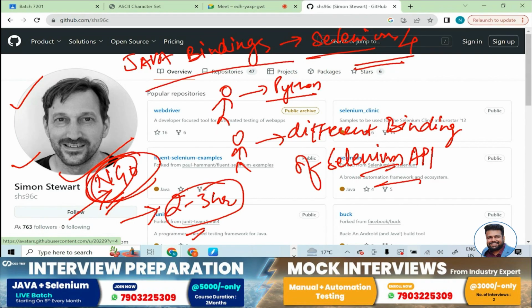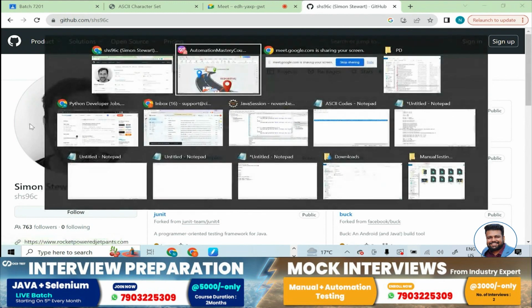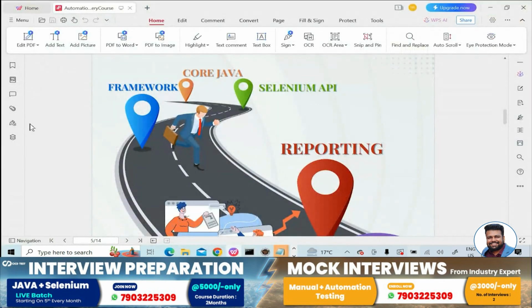Another reason why we are only going to use Java bindings is the support. This is very important. Whatever you are learning in your life with respect to coding, it is very important to see how the support of that particular technology is, what the community structure is and what the community support is.